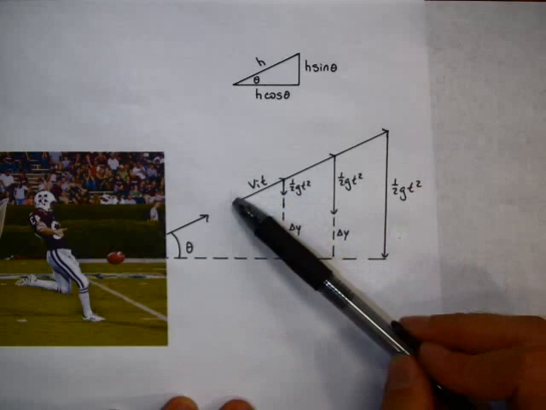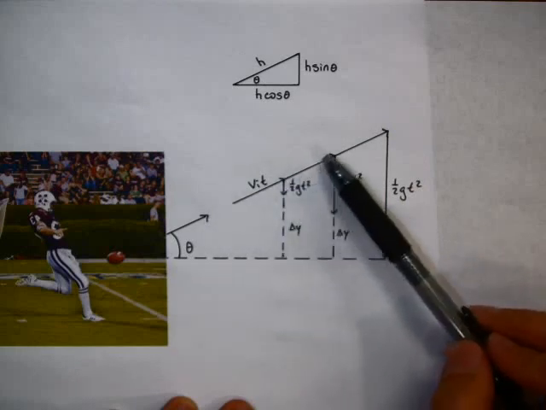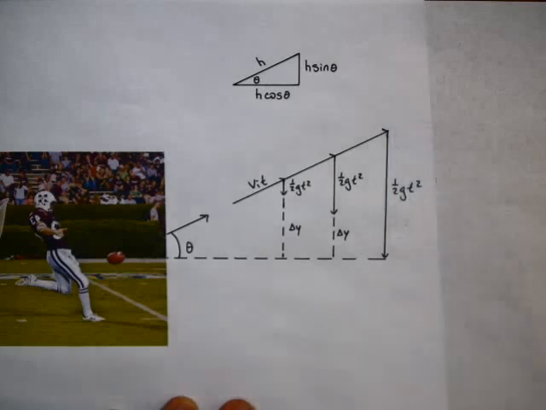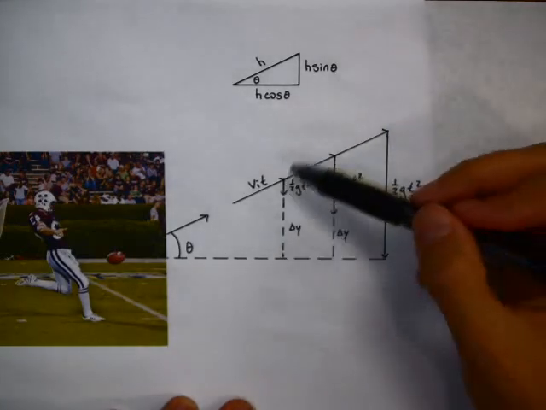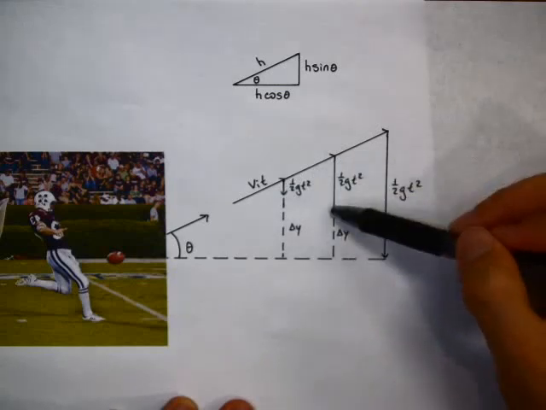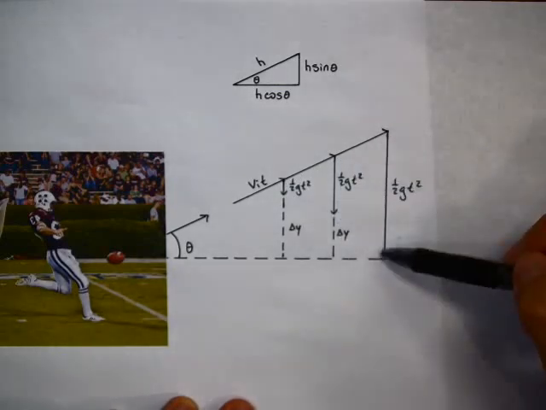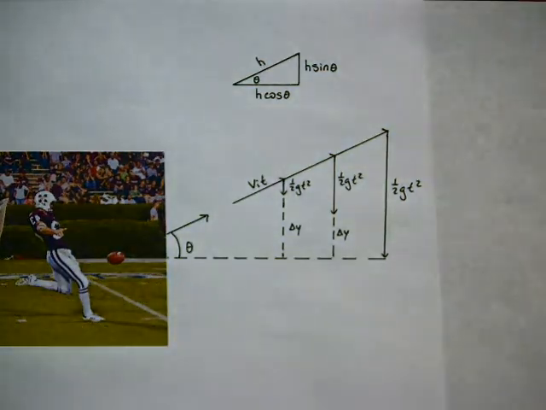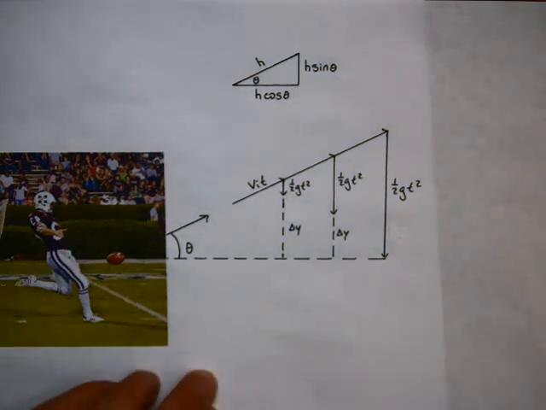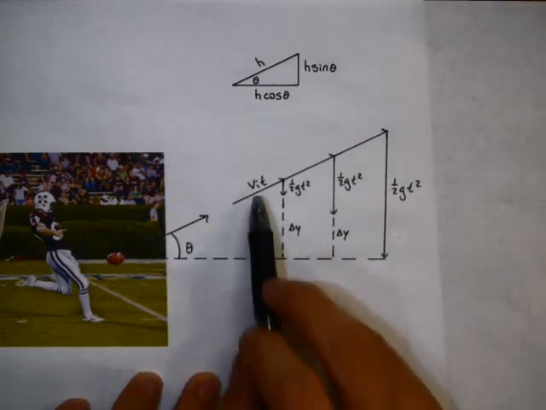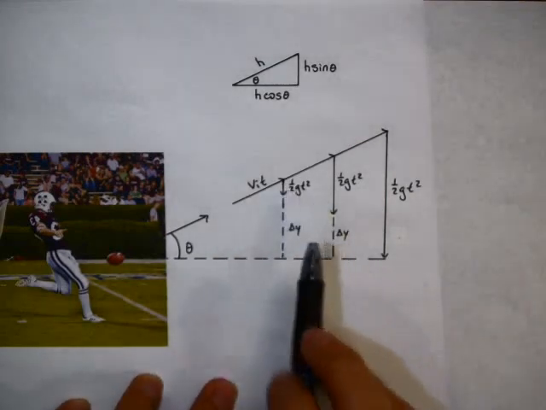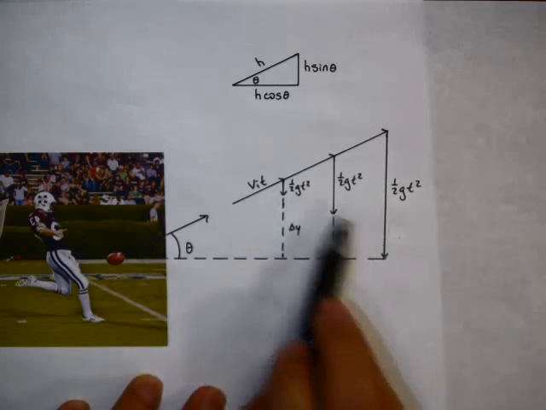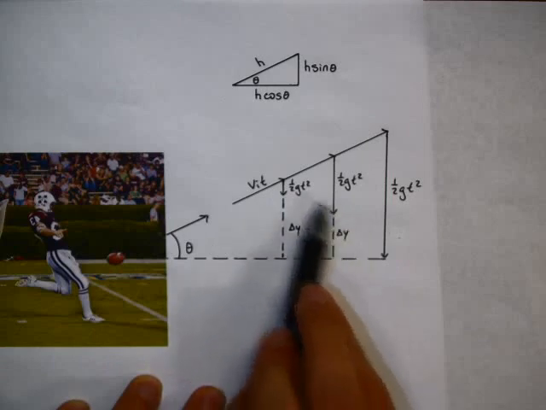For example, with every new second, it might travel from here to here to here. In real life, it falls below that path by an amount 1/2 gt squared. Here, here, and here we see that. And the object doesn't actually travel along these lines or vectors, but it travels along a parabola that connects the tips of the vertical vectors.